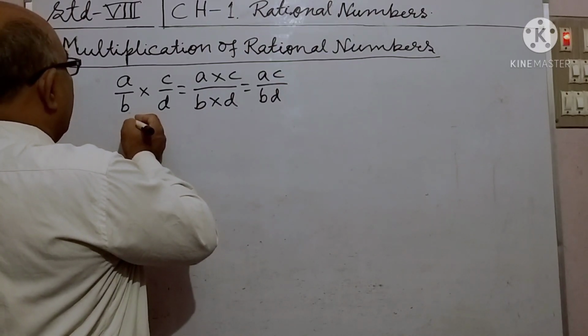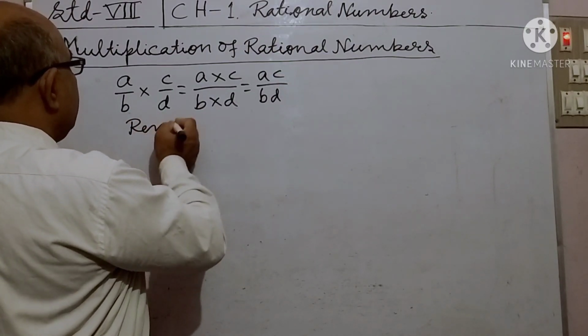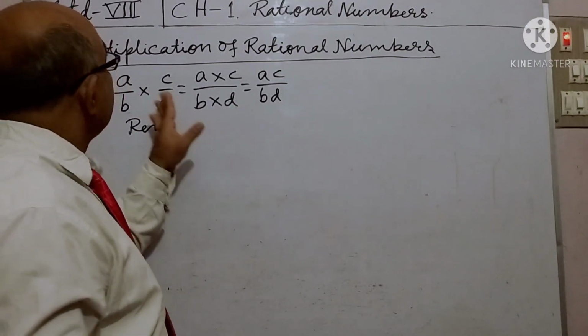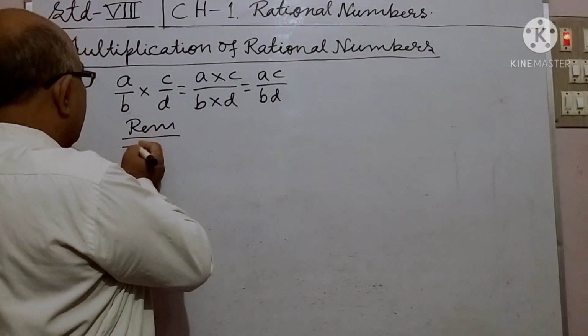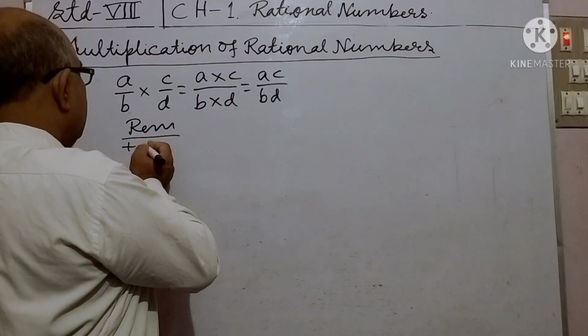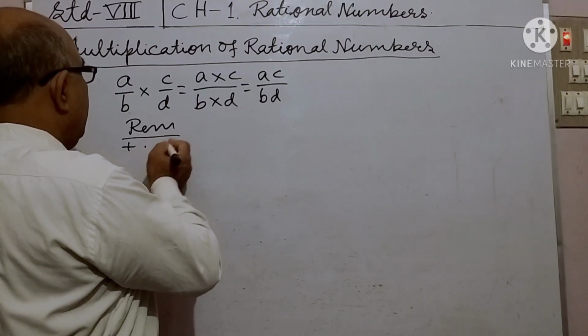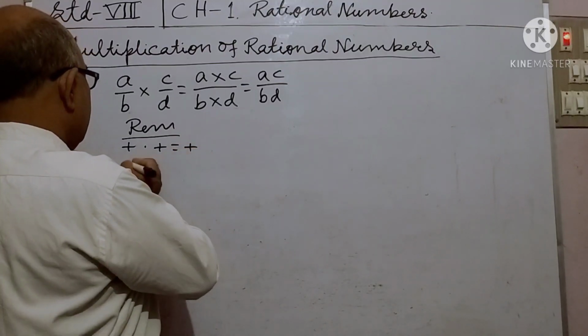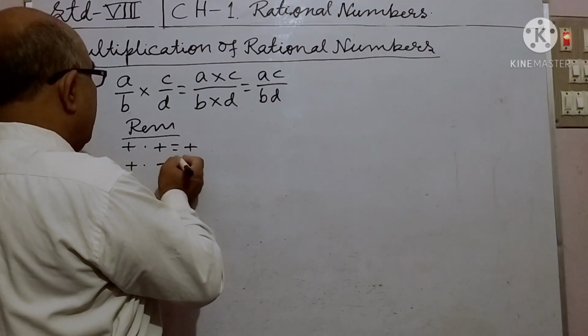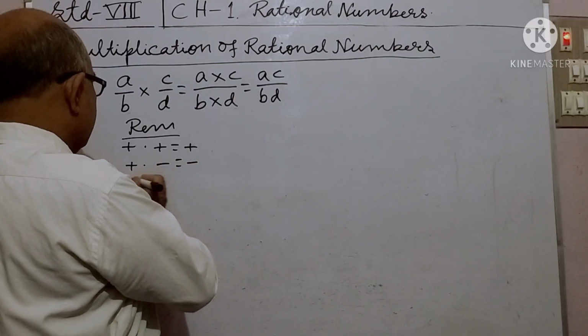Multiplication of signs. Remember, we first multiply the signs of the rational numbers. So remember, plus into plus equal to plus. Plus into minus equal to minus.